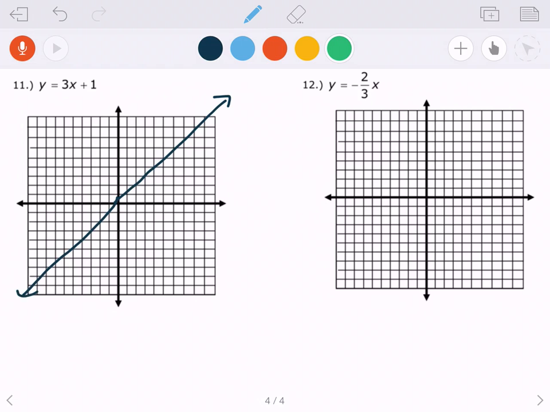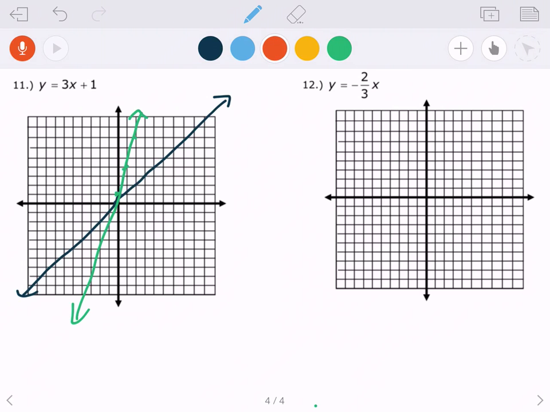So when we graph my other line, y-intercept of 1, and then we're going to go up 3 over 1 with my slope to get other points. So my line is going to look something like that. The y-intercept of 1 means it's going to be shifted up 1 unit, and a slope of 3, as you can see, is obviously much more steep than the slope of 1.